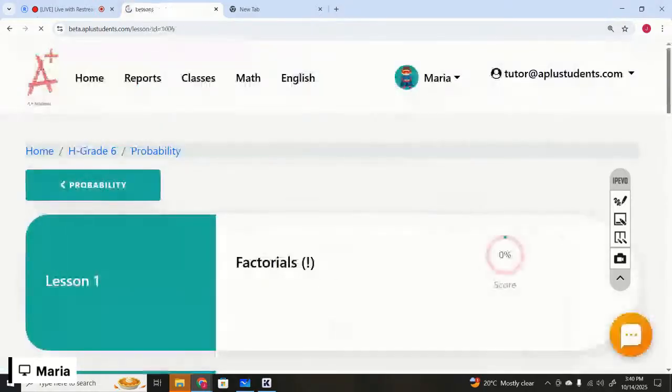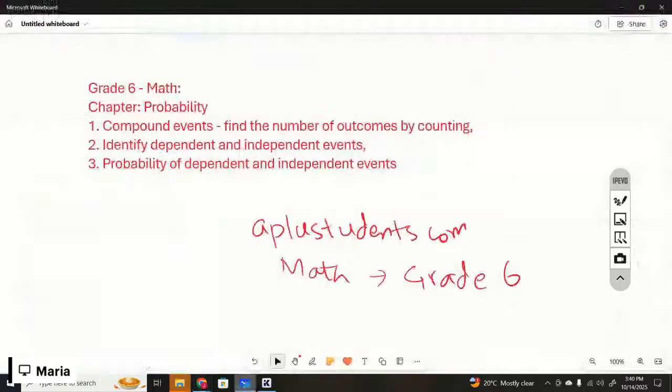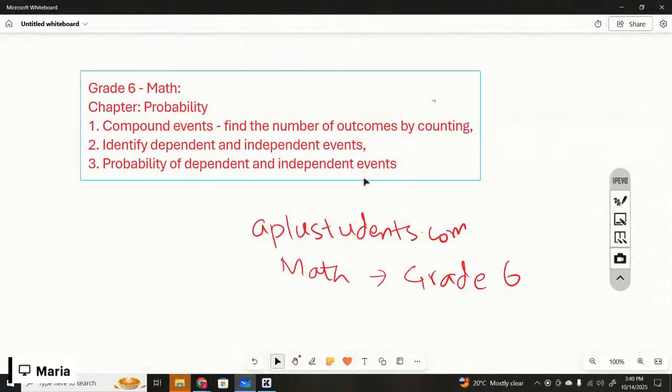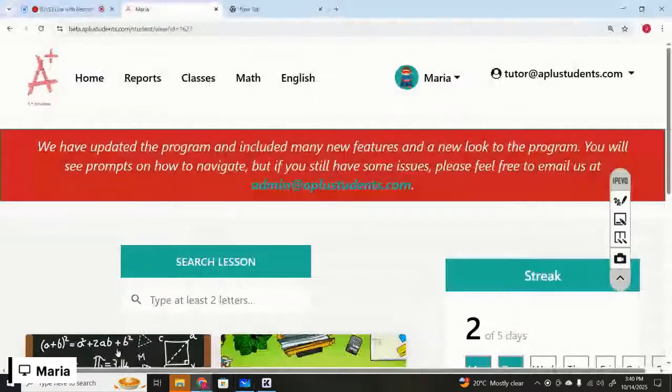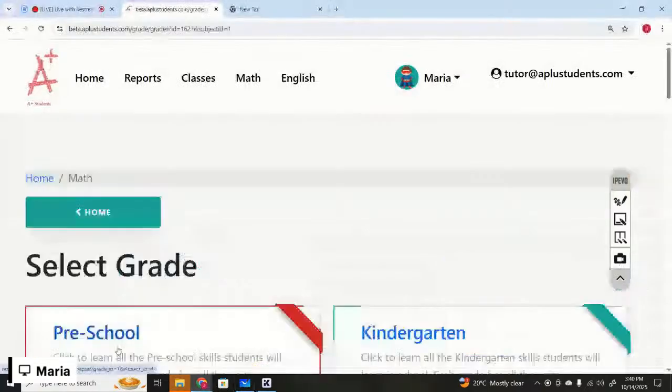The lessons we have covered today are compound outcomes by counting, identify dependent and independent events, probability of dependent and independent events. Please make sure before the next session you complete all the practice questions for the lessons we just did. That is your homework until next session.